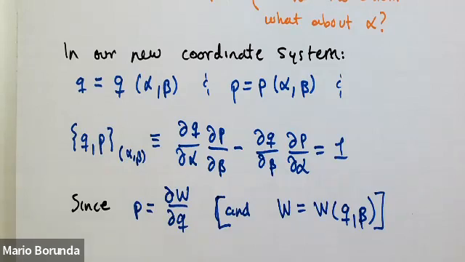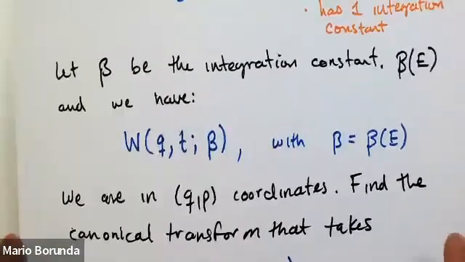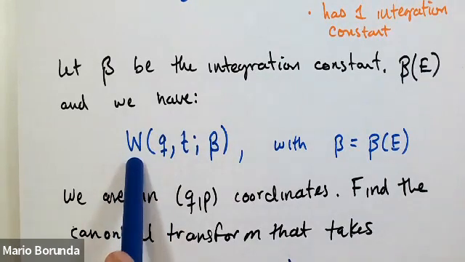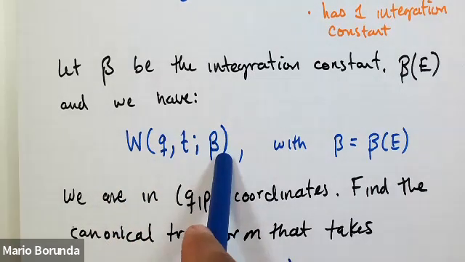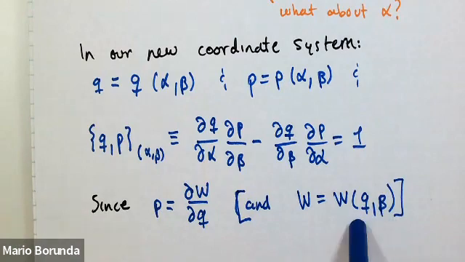Q and P and alpha and beta, those are two different sets of coordinates. Then how can we write W as a function of Q? Let me go back. W is this guy, and it depends on Q, on time, and on beta. So W is a quantity that still depends on beta and Q. This is where we have to do the transformation.